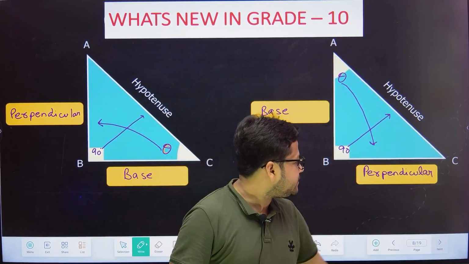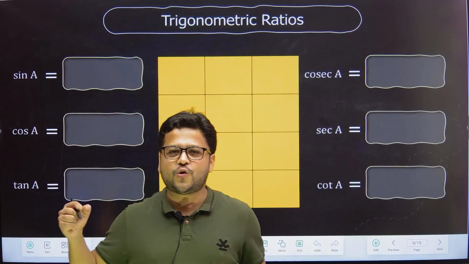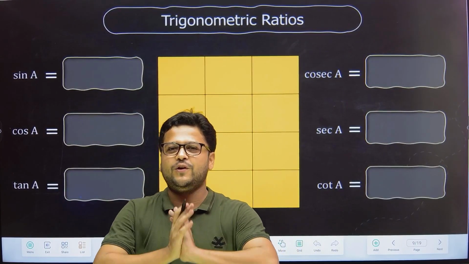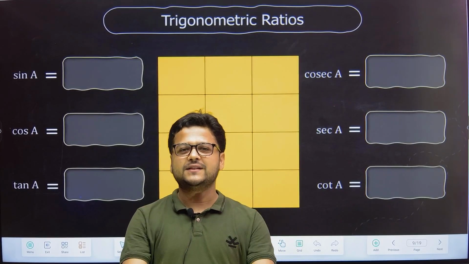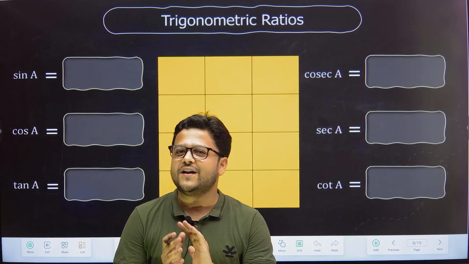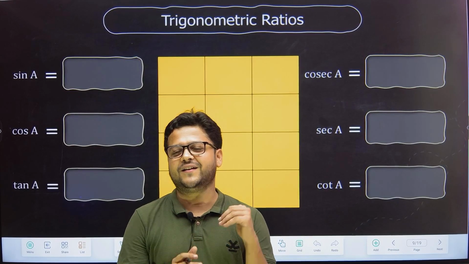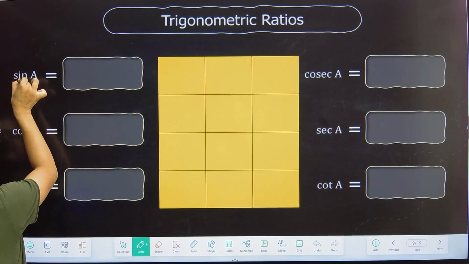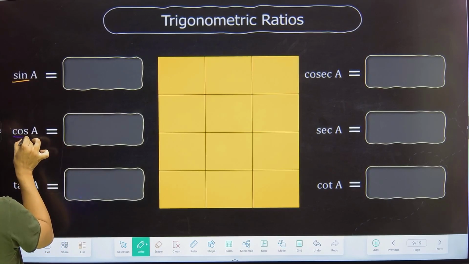All right. So students, let's start the core concept of trigonometry, trigonometric ratios. In the family of trigonometry, there are 6 members, and the members are trigonometric ratios: sine, S-I-N-E, cos, tangent.